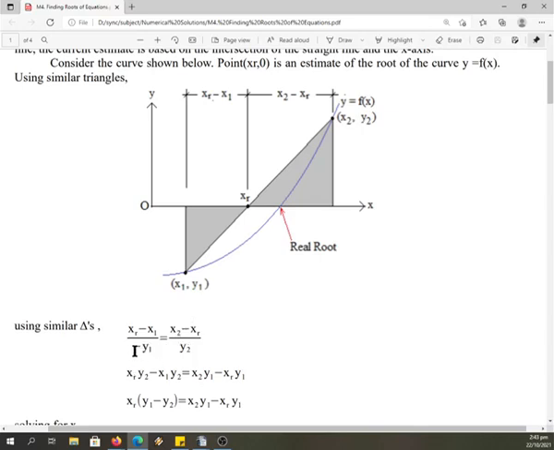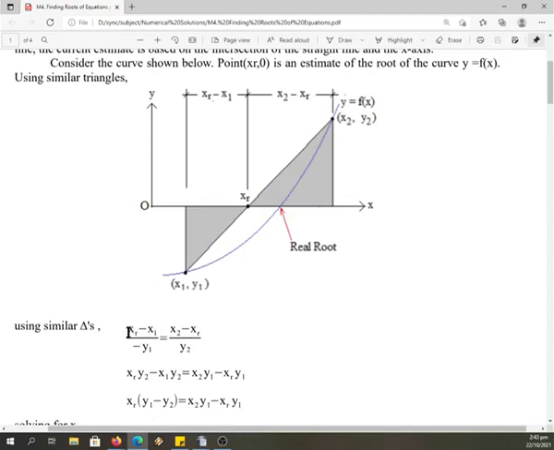Now, the negative sign affixed in here is to create a positive sign for the value of the denominator. Naturally, since point 1 occurs in the fourth quadrant, its y coordinate is negative. Then negative times negative is now positive.